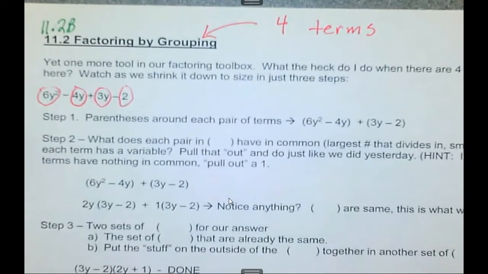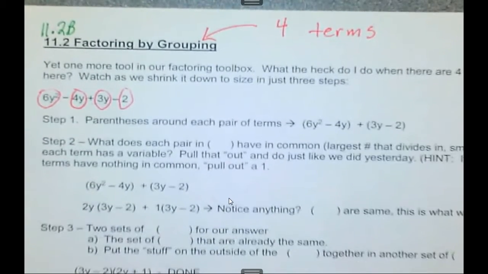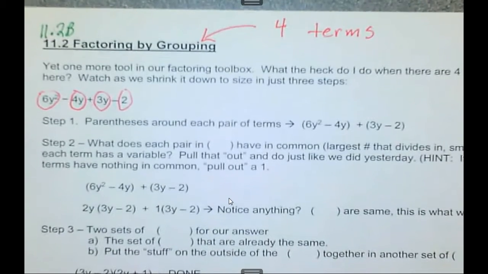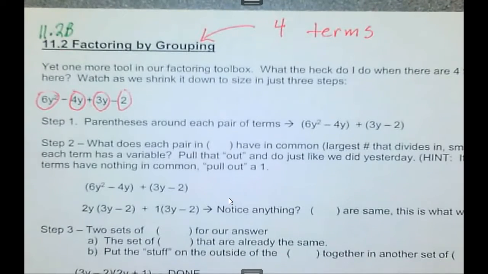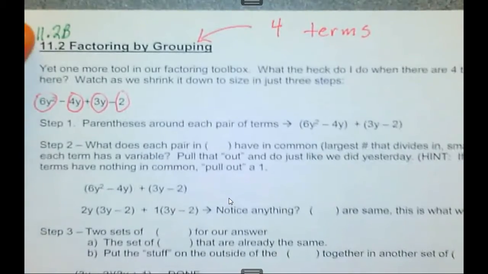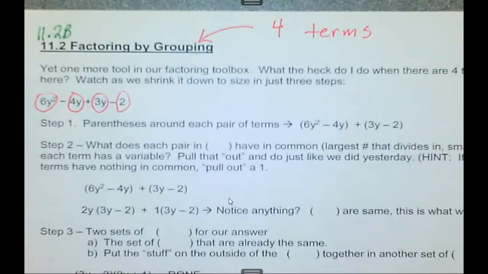Okay, so when you group, what do you think of when you hear the word group? Mathematically, symbols. Parentheses, right? So what we're going to do is group the first 2 terms, and then group the last 2 terms.